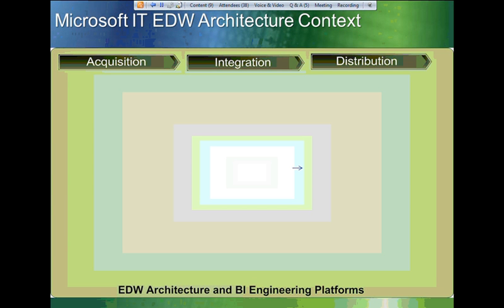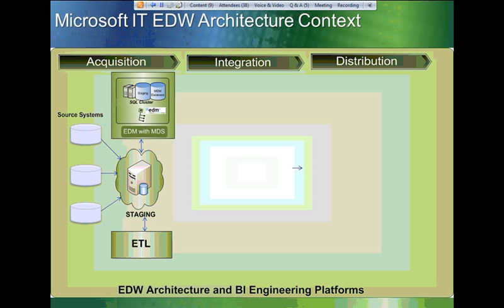Then the other parallel activity that happened at Microsoft was really, our goal was to create EDW, Enterprise Data Warehouse at Microsoft. So obviously, as you can imagine, just like your EDW scenario, our scenario was we started with source systems, the staging area, right?